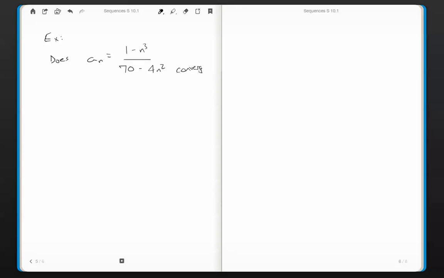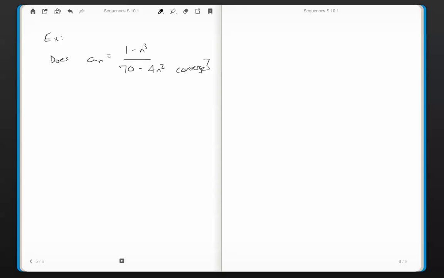So, example. Does this sequence a sub n equals 1 minus n cubed over, let's say, 70 minus 4n squared converge?